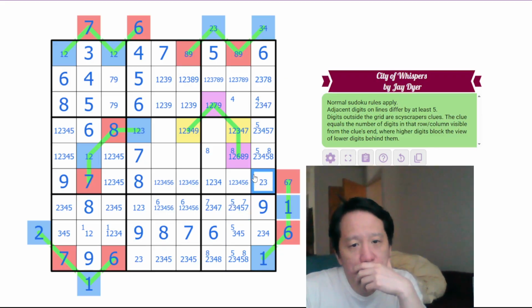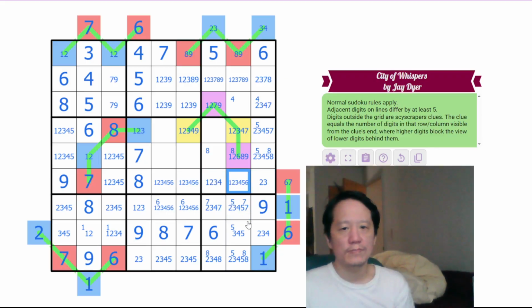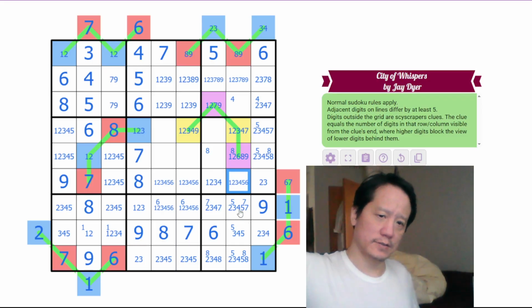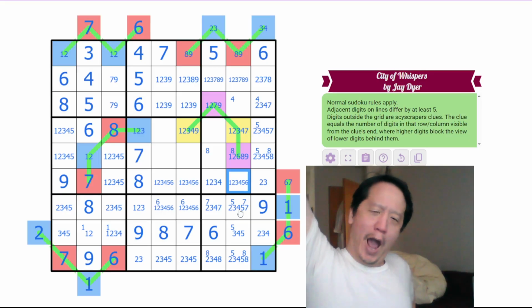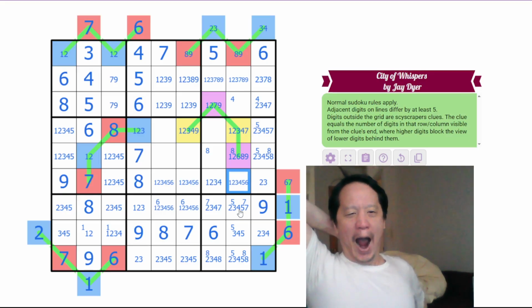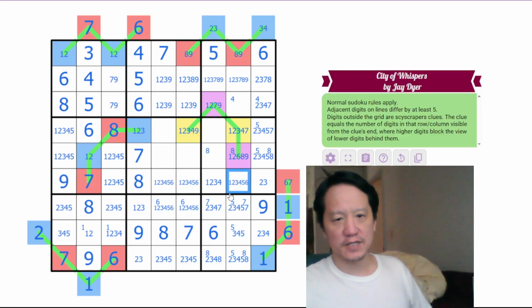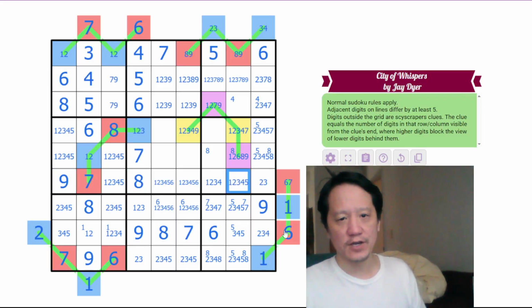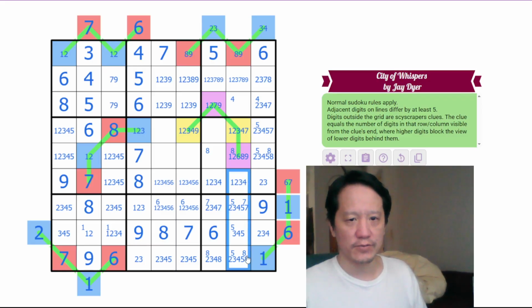Interesting. 6 cannot be here, because if 6 is here, that would only see this cell, the 1, 2, 3, 4. And 5 can't be there for this. 5 can't be there anyways. So 6 has to be one of these two.